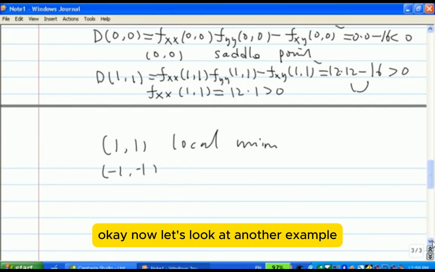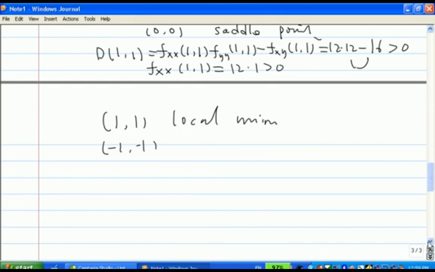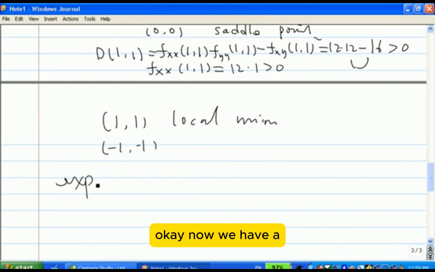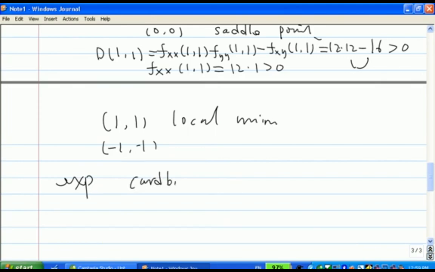Okay, now let's look at another example. Okay, now we have a cardboard, with 12 square meters.